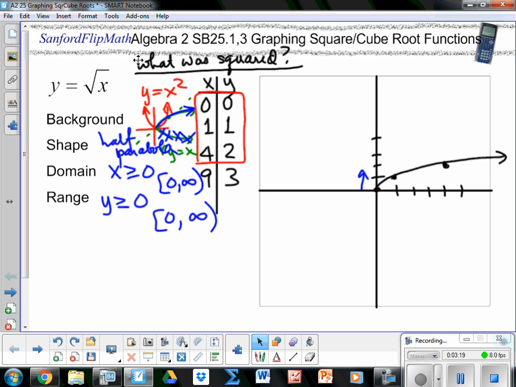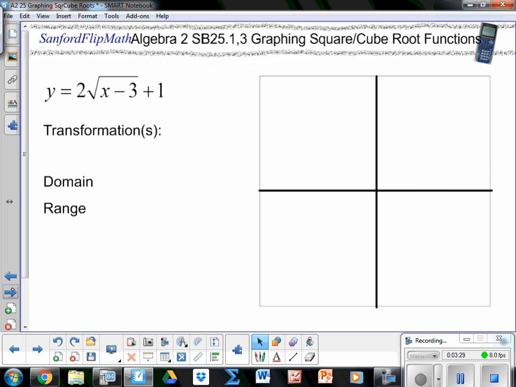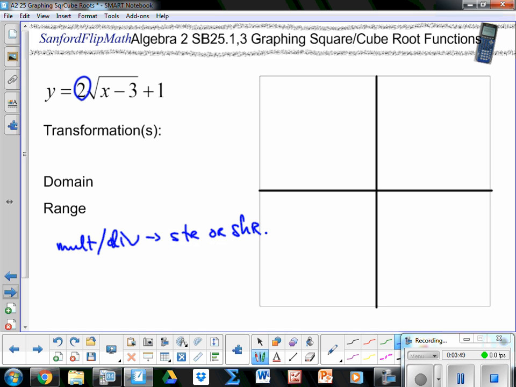If you need to pause here, pause, but this is just a quick recap of the parent function. Then let's take this for a spin. I'm going to move to another function that looks just like this, only different. Remember some basic ideas about what happens here. We have some stuff going on with multiplication or division. Multiplication or division does stretches or shrinks.